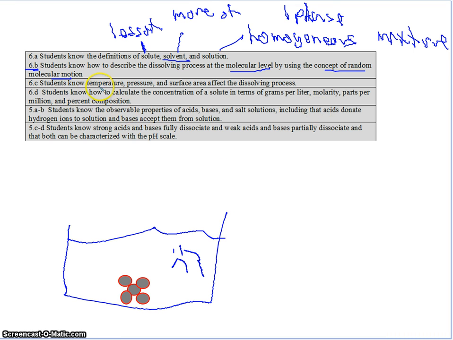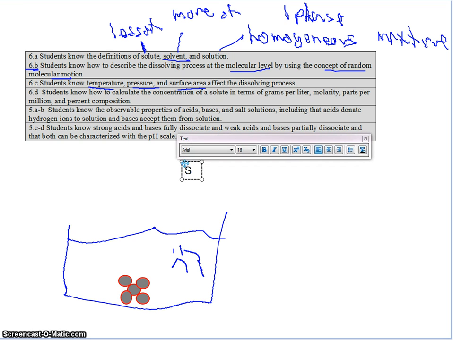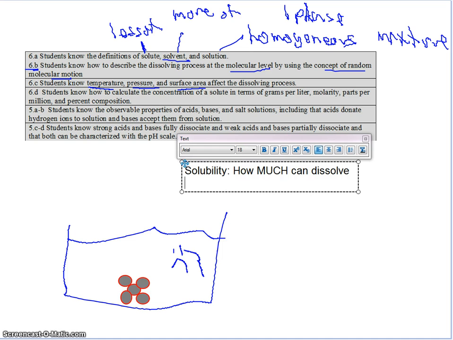Now, let's look at 6c, how temperature, pressure, and surface area affect the dissolving process. Now this one confuses people because there's two things that you've got to think about. You've got to think about solubility, which is how much can dissolve, and you've got to think about rate of solution, which is how fast the solute can dissolve.